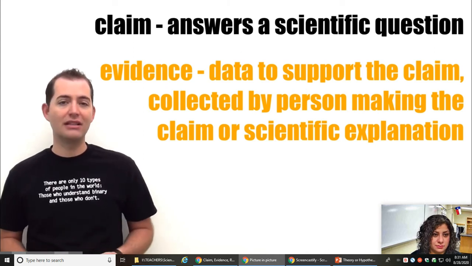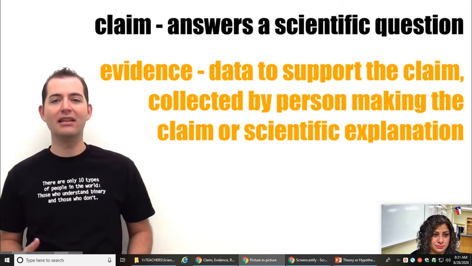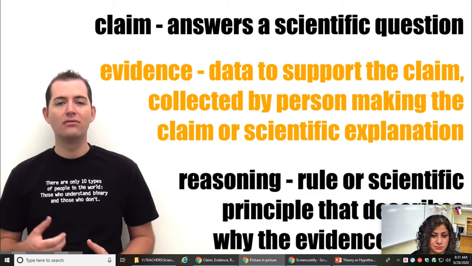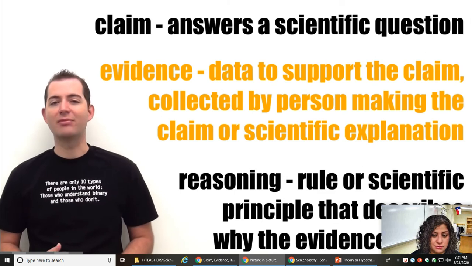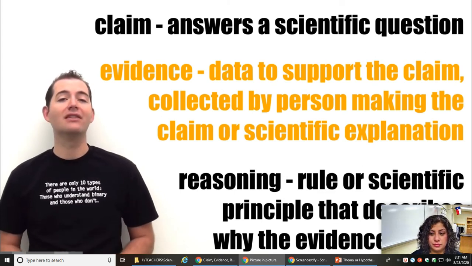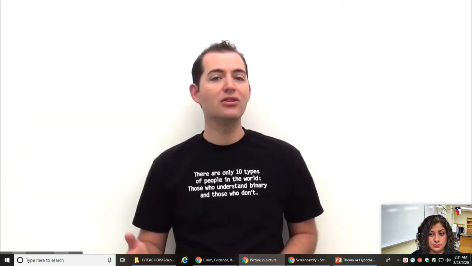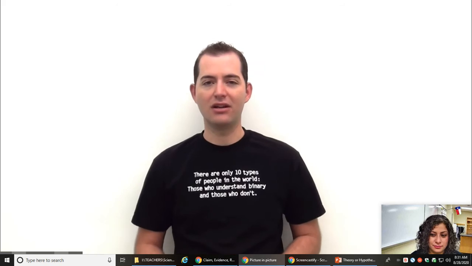Typically, this evidence or data is collected by the person making the claim or supplying the scientific explanation. Reasoning is the rule or the scientific principle that describes why the evidence supports the claim or answers the scientific question. Let's look at an example to get a better idea of how claim evidence reasoning works.